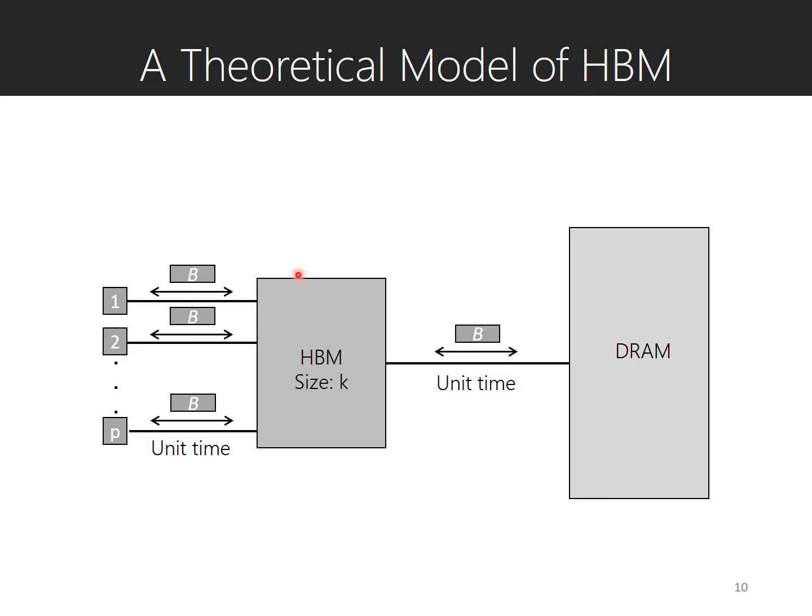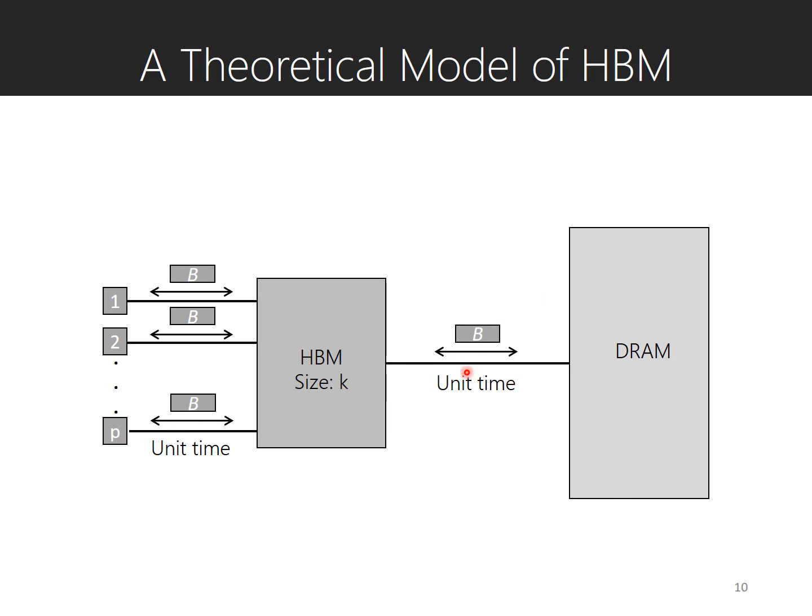Our model of HBM comprises a multi-core machine with P cores connecting to the HBM with P channels. The HBM has size K and the DRAM has no space limitation. As in real life, the increased bandwidth of HBM comes from multiple channels between it and the cores.